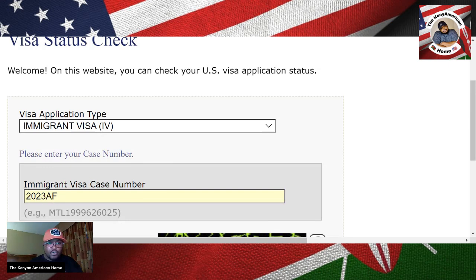You have to schedule a medical examination. Make sure you pass that. Make sure you schedule that ahead of time. So you've done your medical. You get to the embassy, pay your $330 DV lottery fee, and then you do your interview.